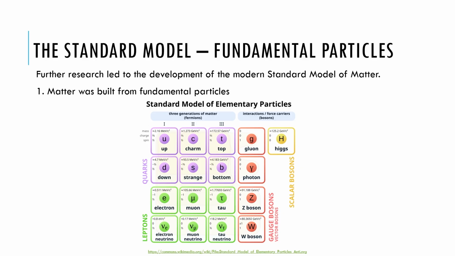In this diagram, there are 2 rows of quarks, and each row contains quarks that have different charges. The top row has charge 2/3. The bottom row has charge -1/3. In green, we have the leptons, and these particles don't combine together and hold together to make more complex particles.